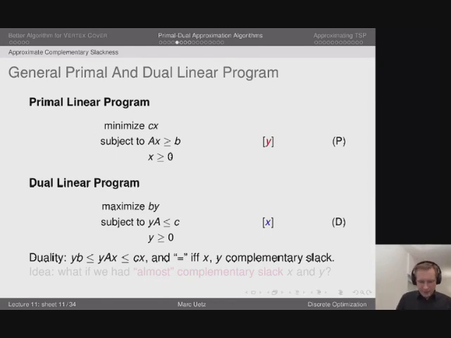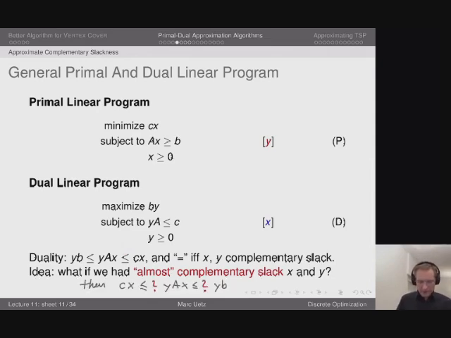So instead of achieving equality, we go for something that I call almost complementary slackness. And if I have larger or equal here and larger or equal there, I would have equality. So larger or equal up to a certain constant factor. And that would be the idea.